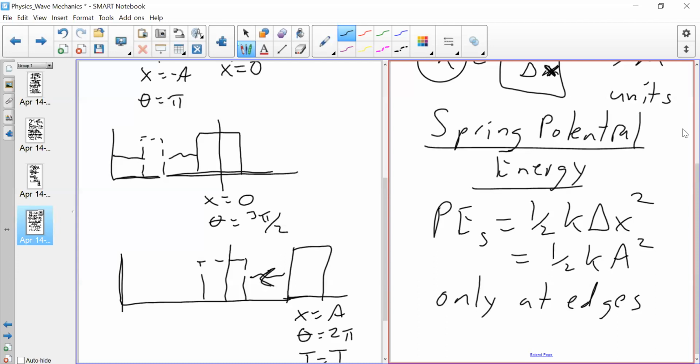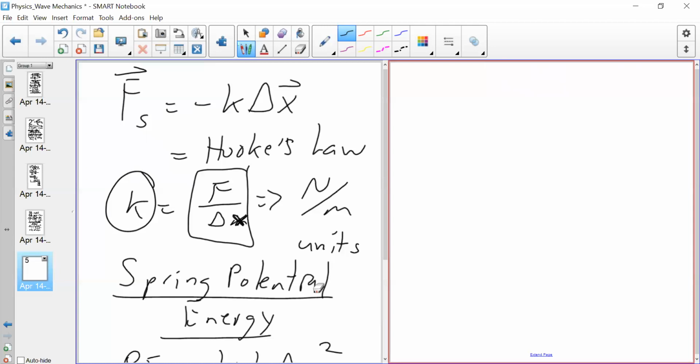So let's take a look at the function assigned to that. Like we pull this mass to A, and it's positive A. We may be able to infer that the function associated with that positive A is going to be a cosine function, because it starts at an amplitude.